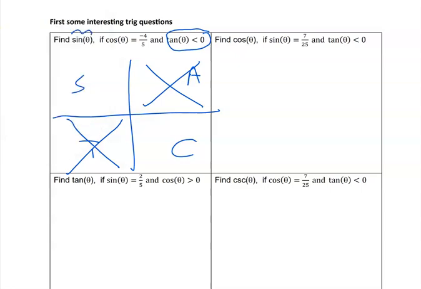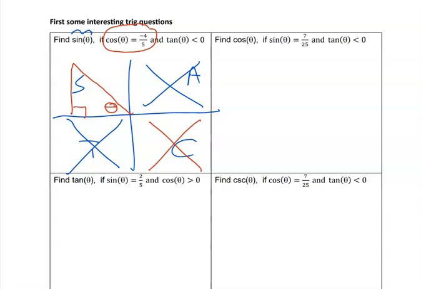And then also, if cosine is negative, we know we cannot be in this quadrant. So I'm going to draw my triangle in this quadrant here.